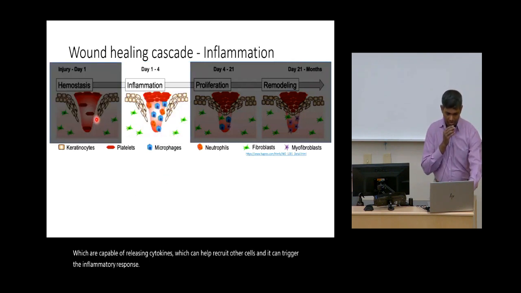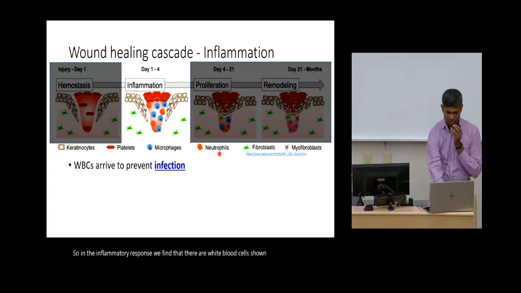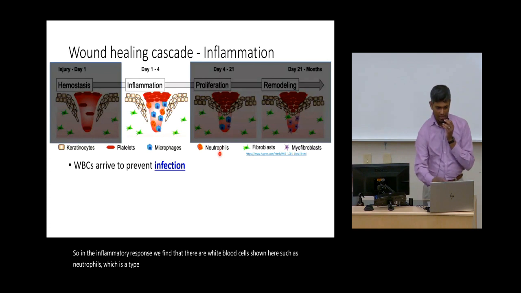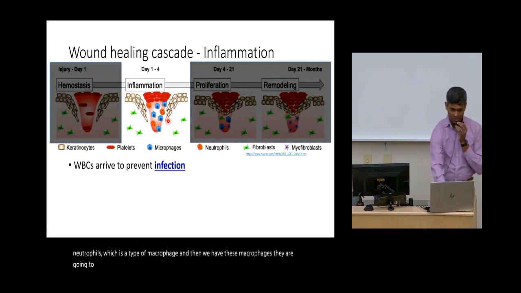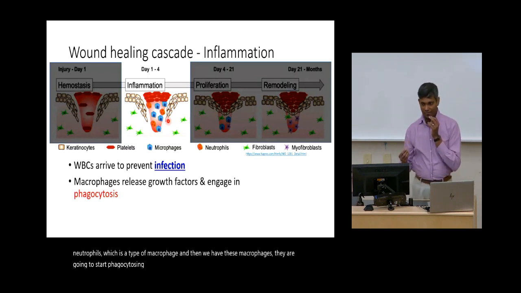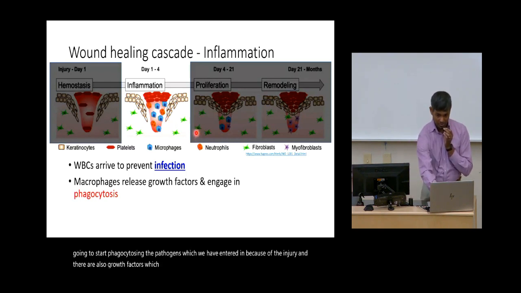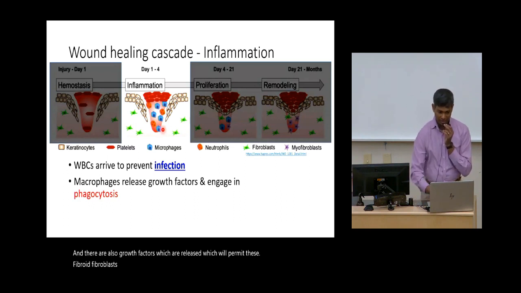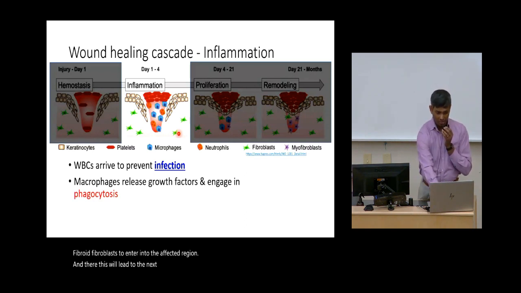So in the inflammatory response, we find that there are white blood cells shown here, such as neutrophils, and then we have these macrophages. They're going to start phagocytosing the pathogens which may have entered because of the injury. And there are also growth factors which are released, which will permit these fibroblasts to enter into that affected region, and this will lead to the next step of proliferation.